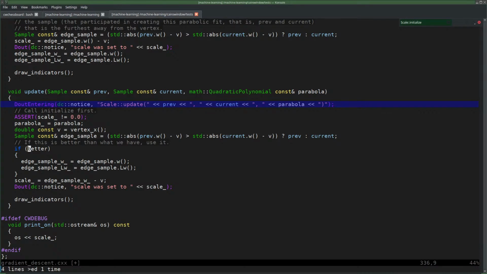And that is nonsense if the parabola evaluated at that old value. Is that how it works?